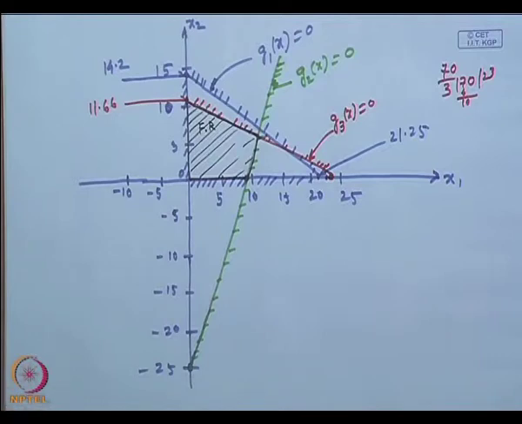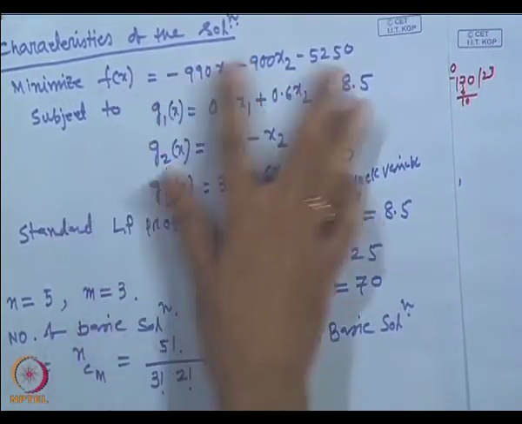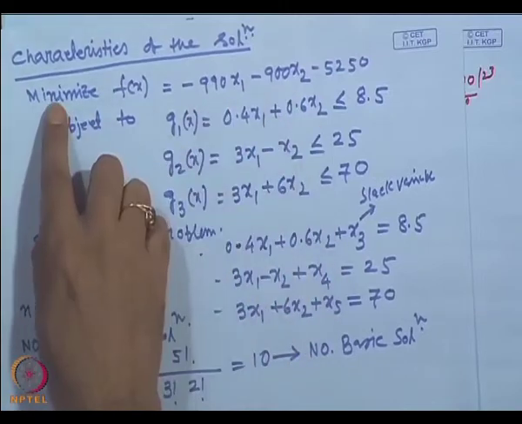Now, according to the problem stated here, this is our function, and we have to minimize this function.